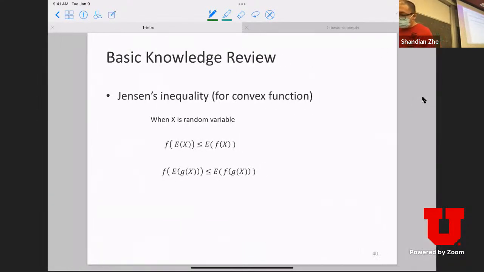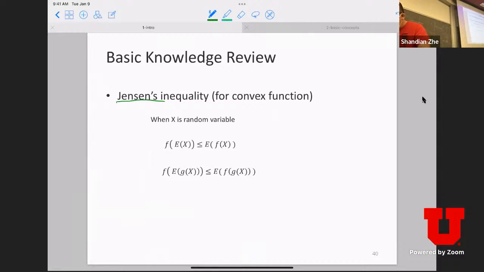Okay. And associated with the convex function is the well-known Jensen's inequality. Later we'll see that Jensen's inequality is actually a foundation of approximate Bayesian inference, especially variational inference. The whole variational inference framework is derived based upon Jensen's inequality. So what does Jensen's inequality mean?